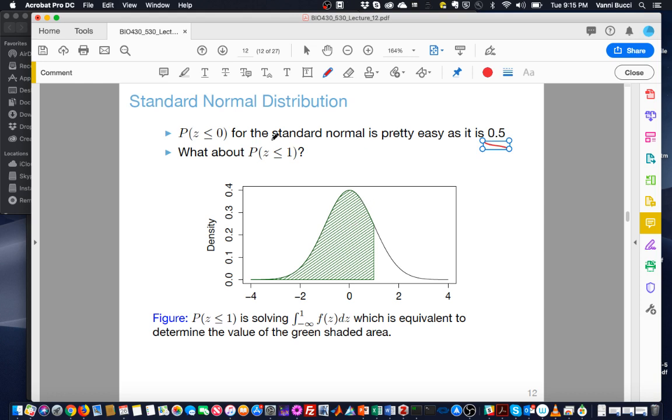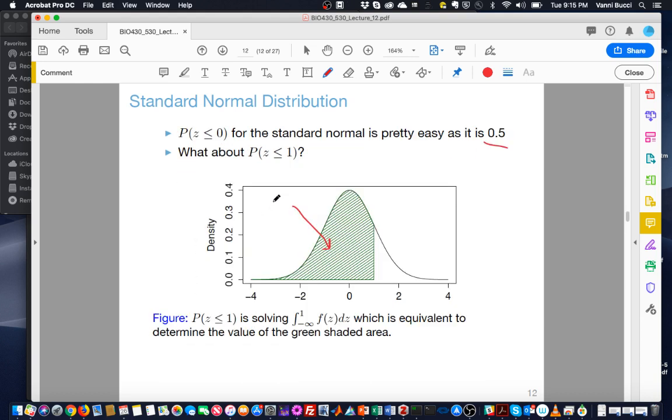What about the probability of finding an observation which is less than 1? Again, I always advise to draw the distribution and shade the area. The probability is the integral between minus infinity and 1 of your normal PDF, which is the equivalent of estimating this area.